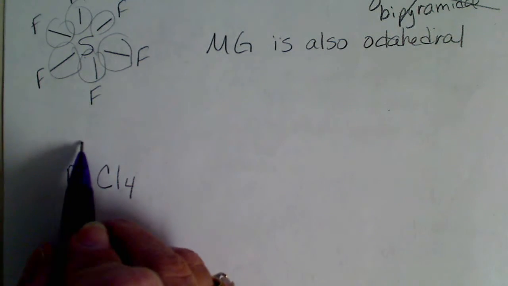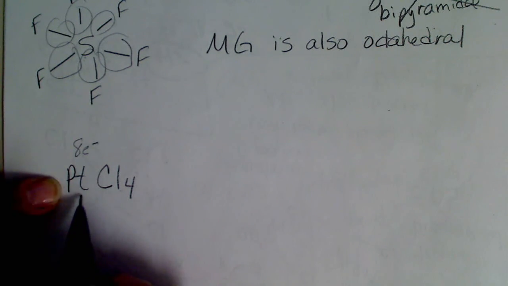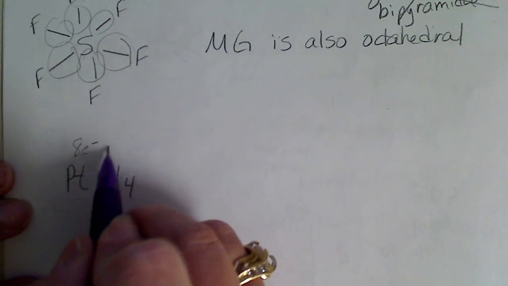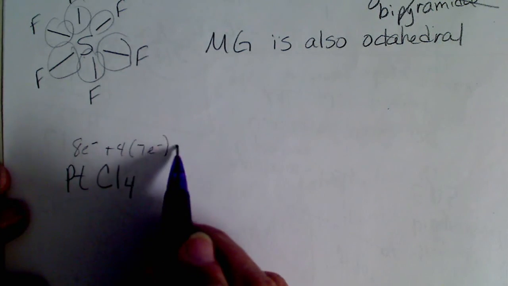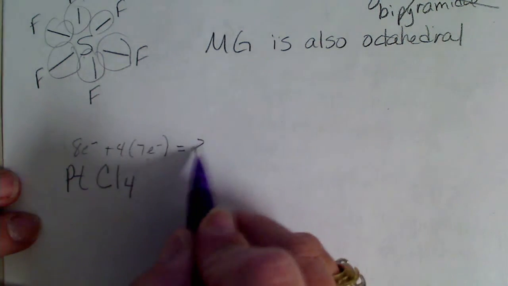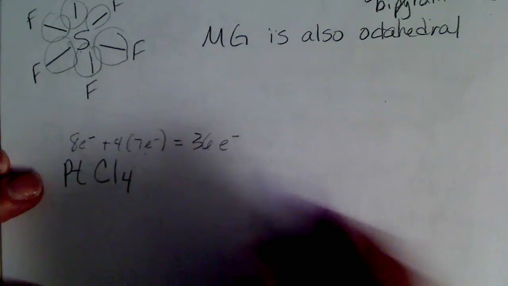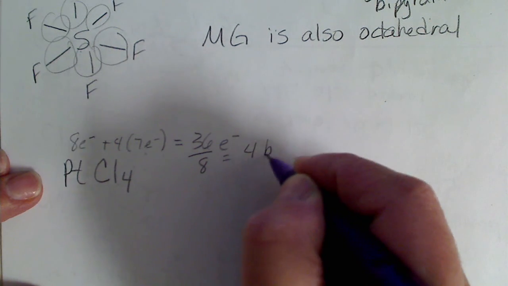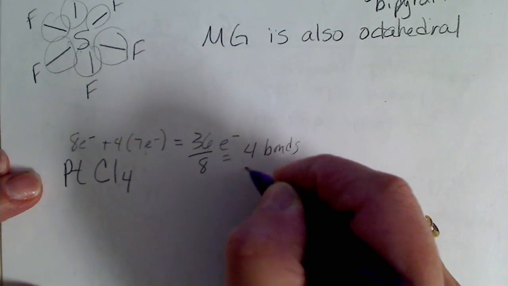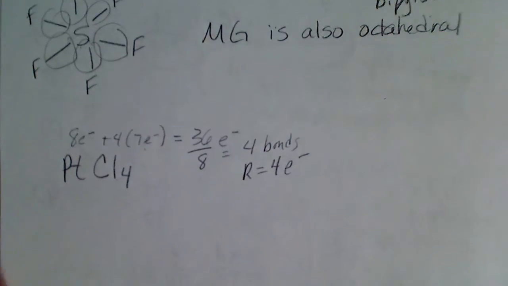If we treat platinum as though it has 8 valence electrons, so it's got d electrons, that makes it a little confusing. Then plus 4 times 7, each chlorine is in group 7, we get 36 available electrons. If we divide by 8, we get 4 bonds and a remainder of 4 electrons.